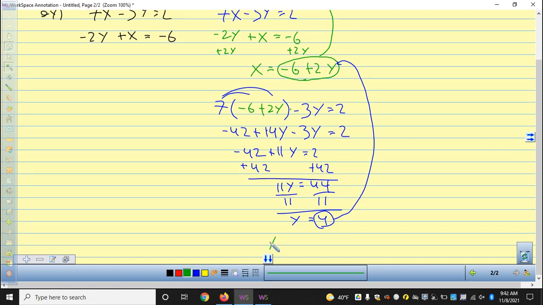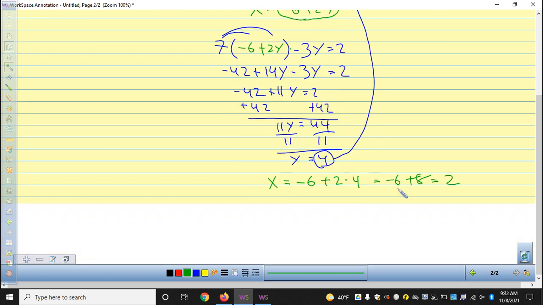So when I do that, I get x equals negative 6 plus 2 times 4, which is negative 6 plus 8, which is 2. So we get y equals 4 and x equals 2. So my solution is 2, 4. X is 2, y is 4.